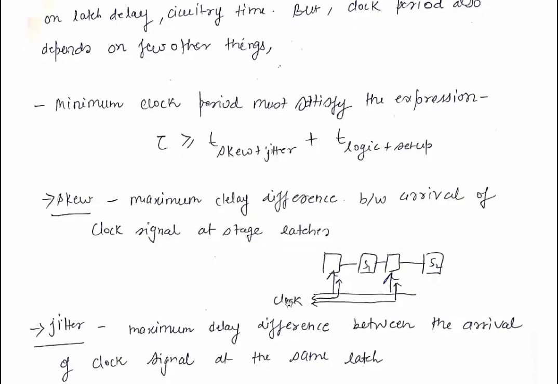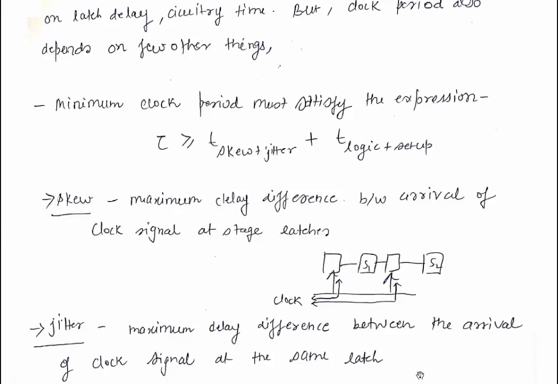So let's say you have applied the clock here. When you have activated this clock from here, this latch would be activated, and this latch should also be activated. So the delay between the arrival of the clock signal here and the time when the clock signal arrives here, that delay would be known as skew.